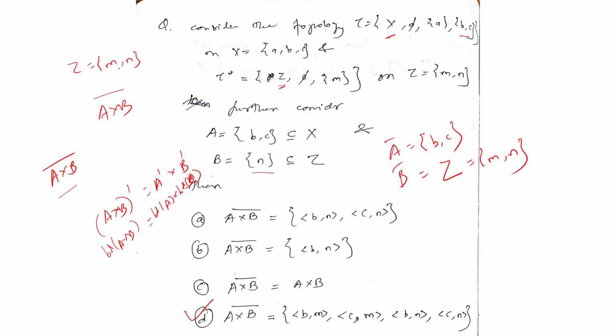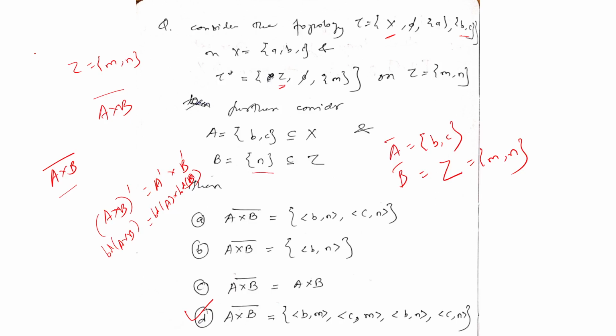I have taken Z as U comma V. Tau star is the empty set, Z, comma singleton U. And X is the same, and A is A comma B, and B is singleton B.